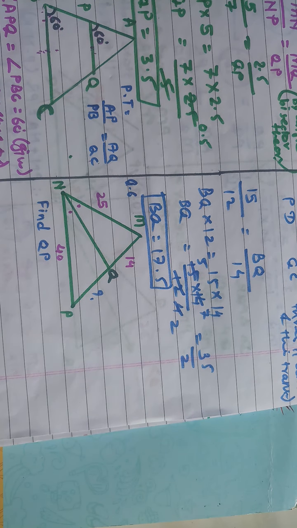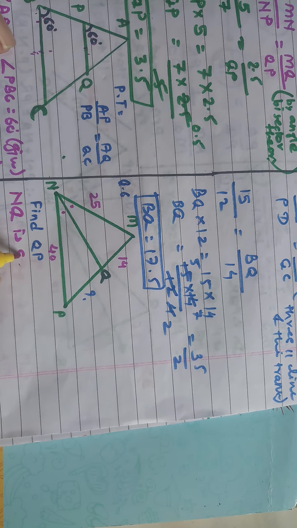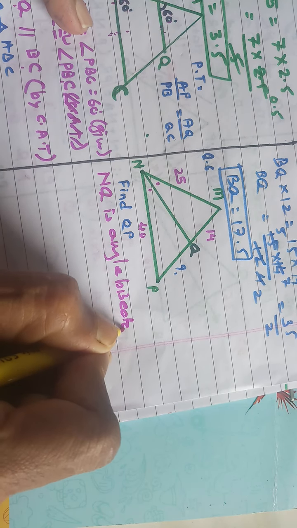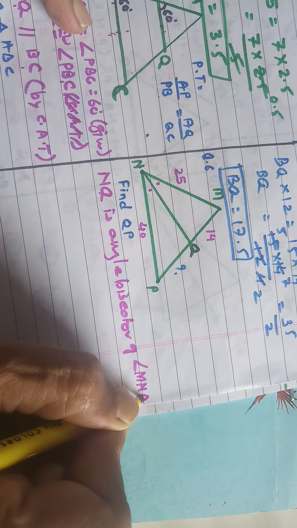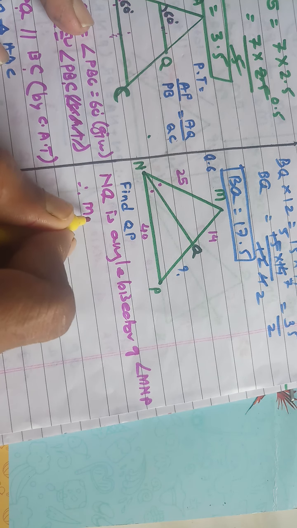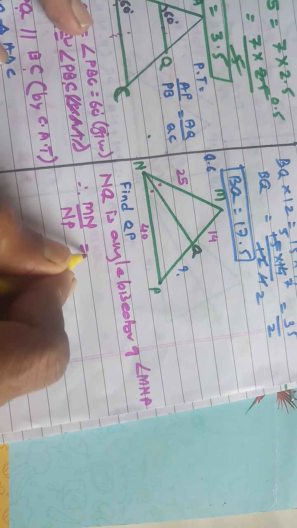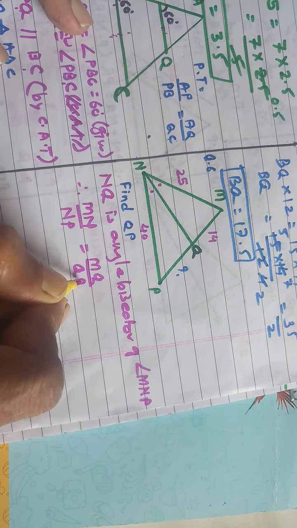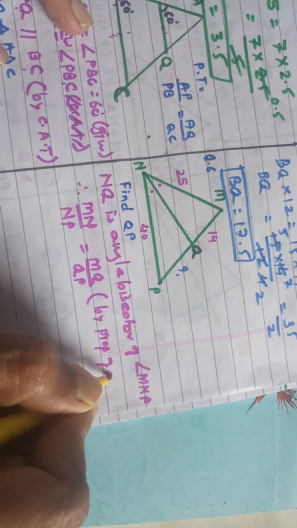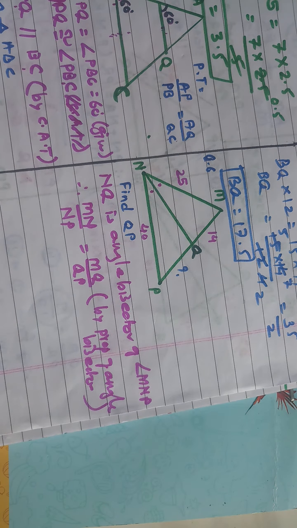First of all you have to write that NQ is the angle bisector of angle MNP. Therefore MN upon NP, the ratio of these two, is equal to the ratio of these two, NQ upon QP, that is by the property of the angle bisector theorem.